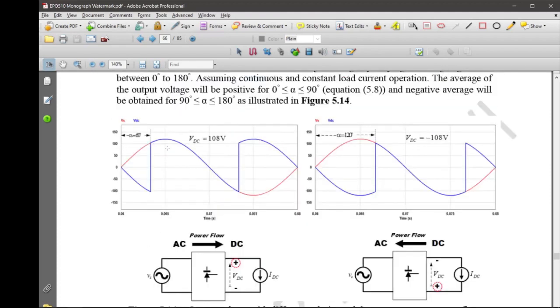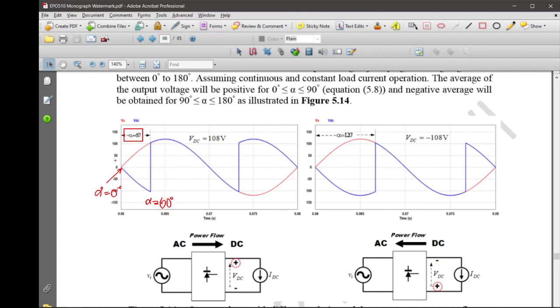Here, if you look at the output voltage for alpha equals 60 degrees, this is your alpha equals 60 degrees, and that point is where we have alpha equals 0 degrees, and you have that delay, the firing angle of thyristor 1 and thyristor 2, of 60 degrees.